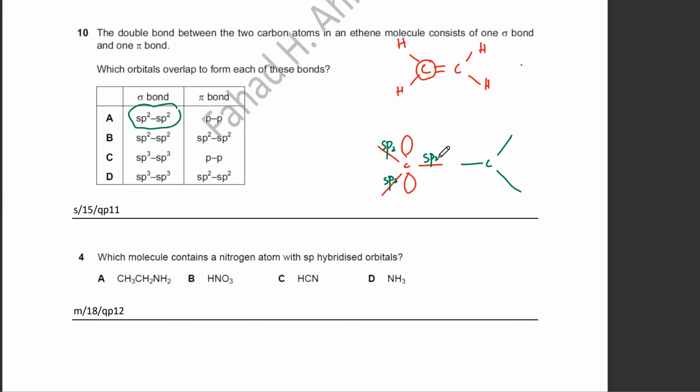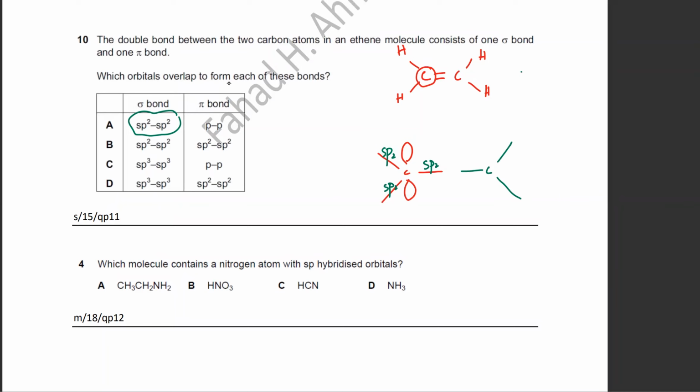So an sp2 hybrid orbital of this carbon, an electron of this carbon would overlap with an electron of this carbon atom, and they would end up forming a bond in the middle. And who ends up forming the pi bond? It's the unchanged 4th electron, which is the p orbital. They would then overlap above and below. So it's a p and p overlap. So the first option is going to be correct.